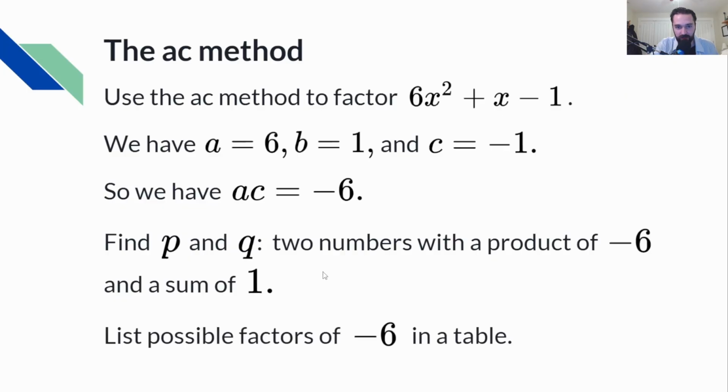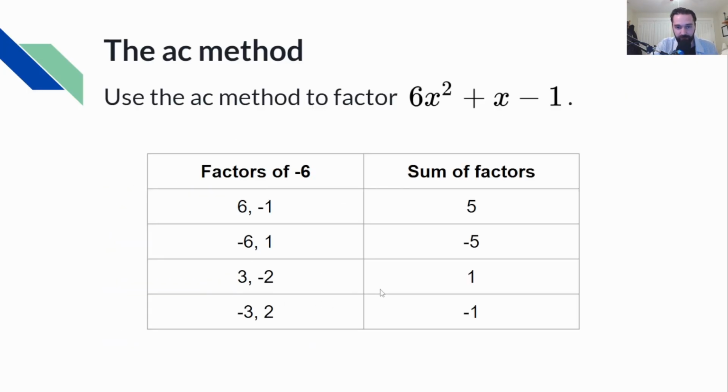To do that, we need to list all the possible factors of negative 6. So here are the possibilities. We need them to sum together to give 1. Remember, there's an invisible 1 in front of this x. We can spot it right here. 3 and negative 2 add together to give 1. So p is 3 and q is negative 2 here.